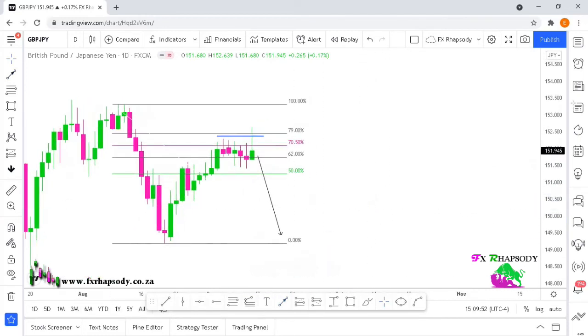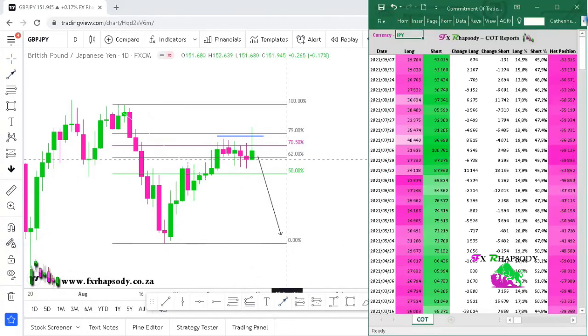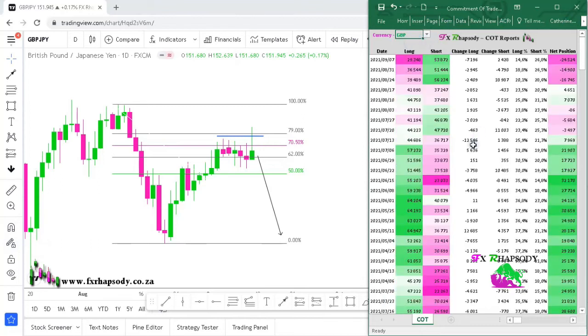So what does the COT report tell us? Before we look at the yen, let's look at the British pound. On the British pound, we can see that the net positions have increased in negativity. Basically it's gotten a lot lower. It went from, you can start from here, 32,000 positive orders, all the way down to a negative 24,000.